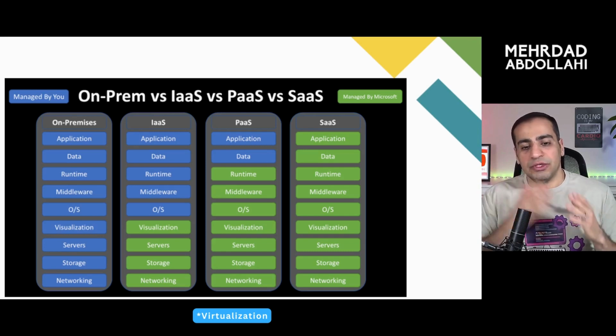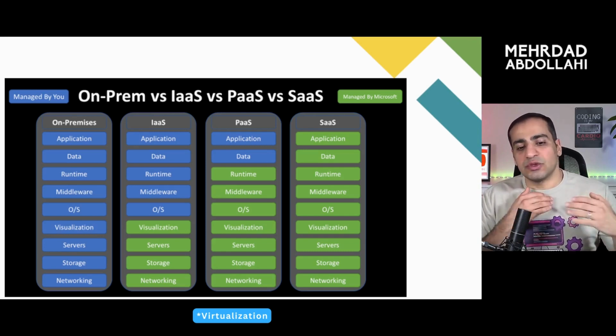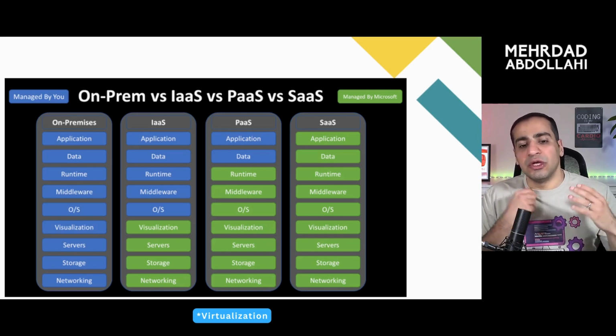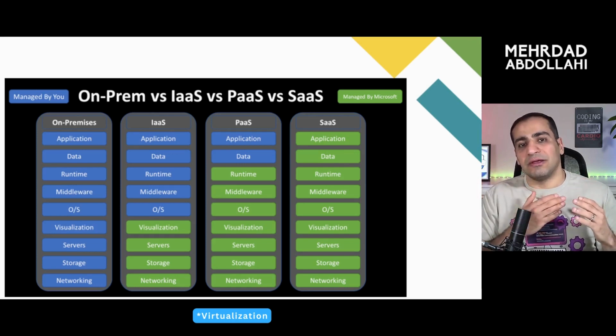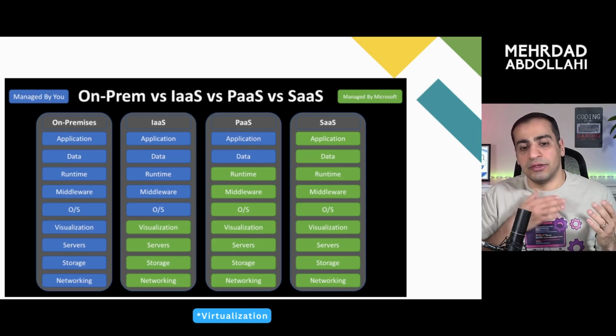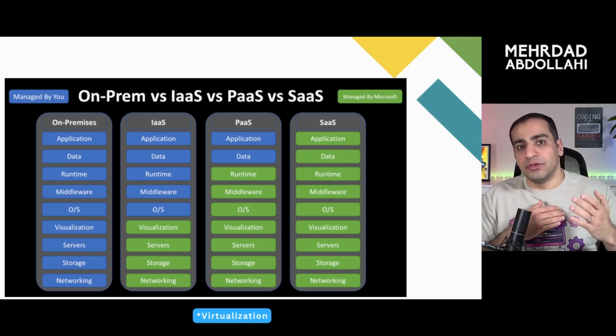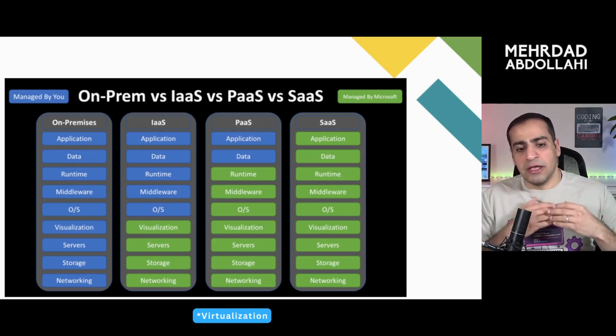For example, networking, storage, servers, and virtualization are managed by the cloud provider, and the rest remain for the users of those services.